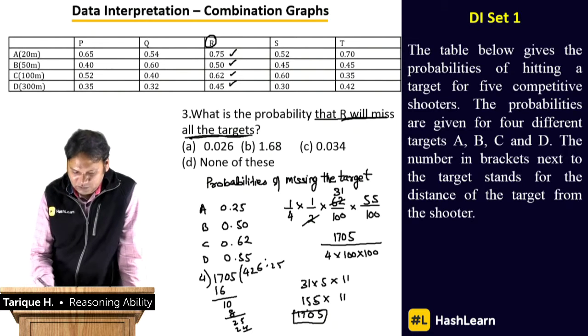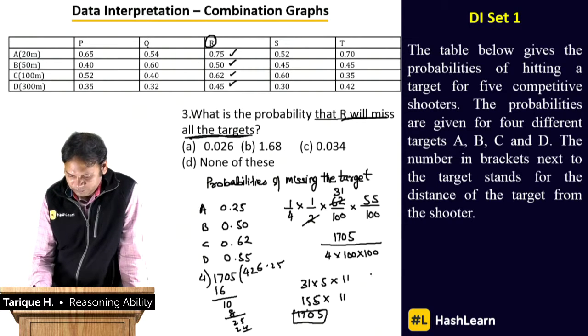So 426.25, okay, and divided by 100 into 100, that's equal to 0.0426. That should be your answer.